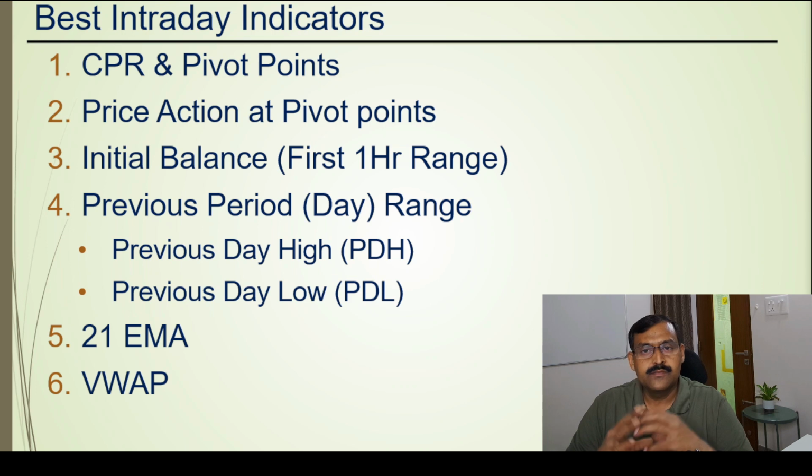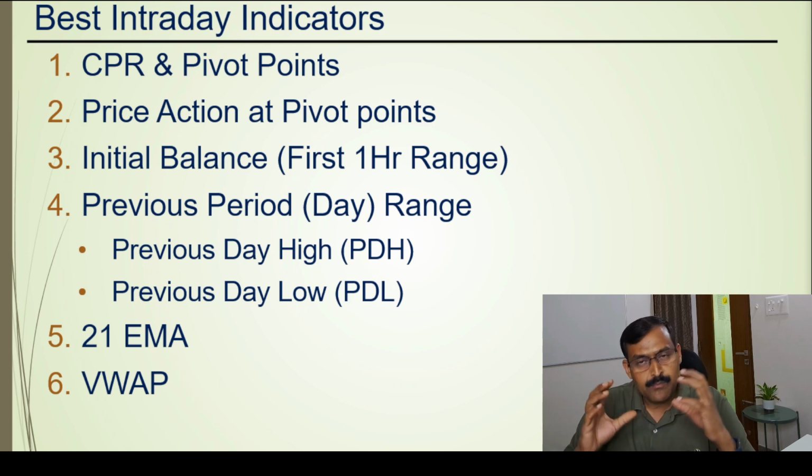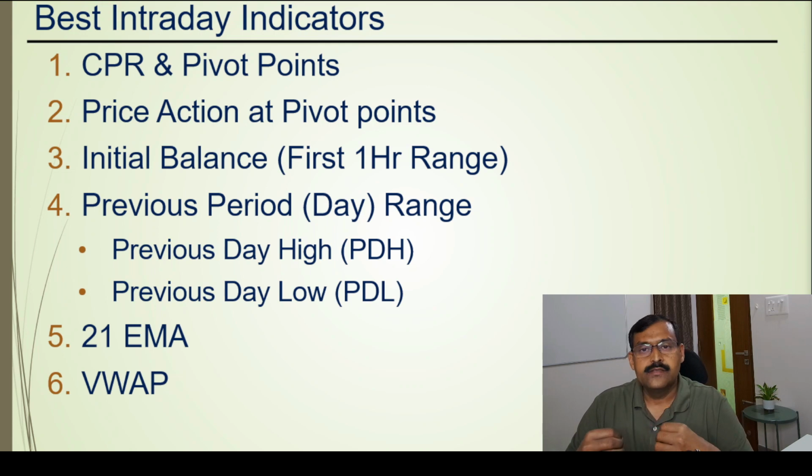Normally they are called PDH and PDL. It is important to know the previous day's range. Whether today the price is trading within or outside the previous day's range is very important to know. If the price is trading above the previous day's range, that means there is a price expansion, etc.